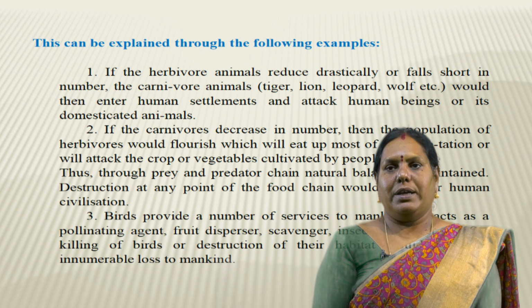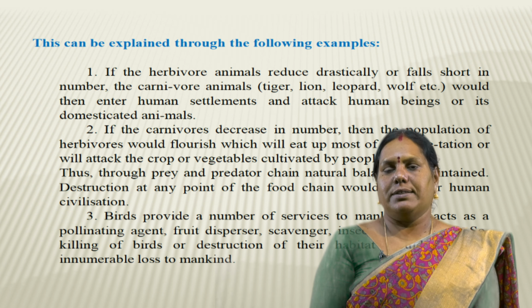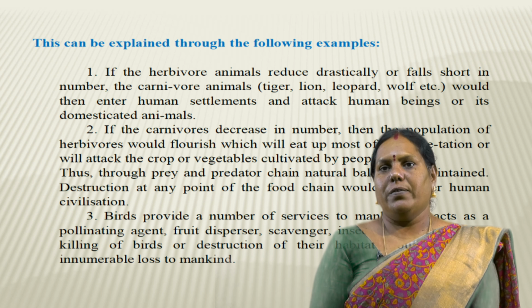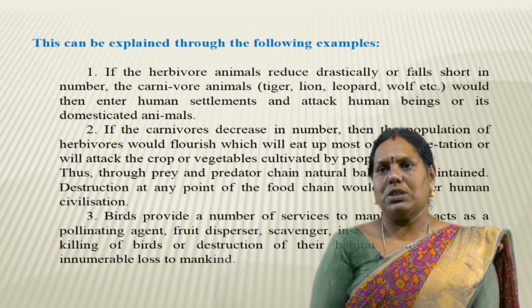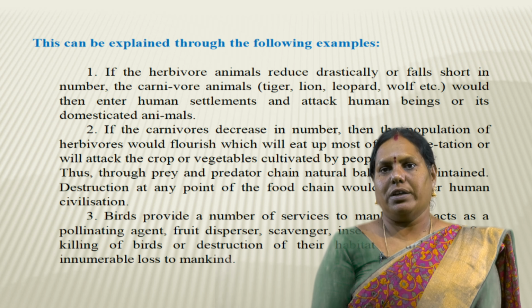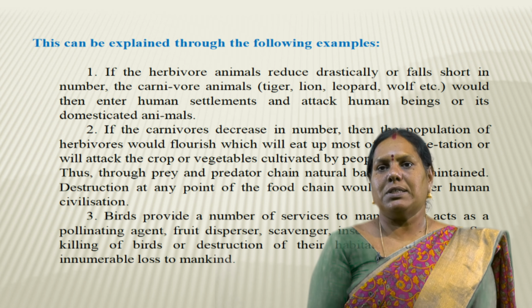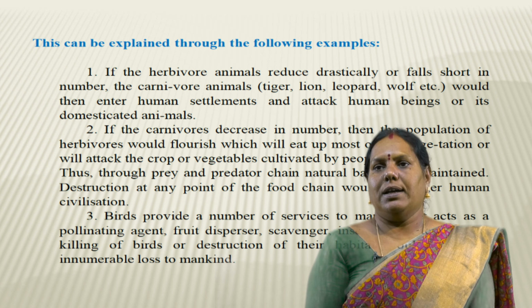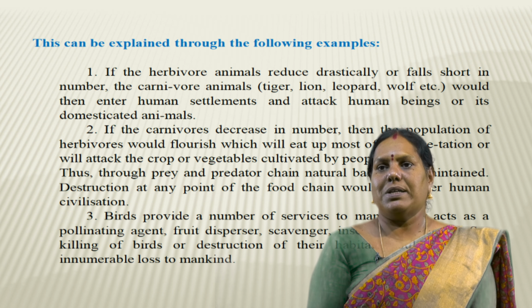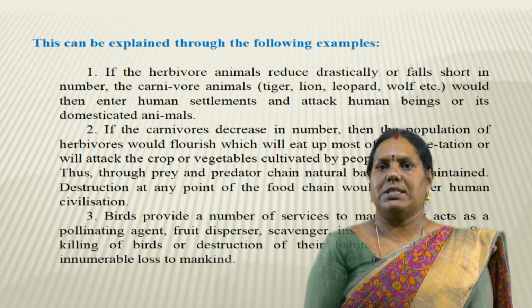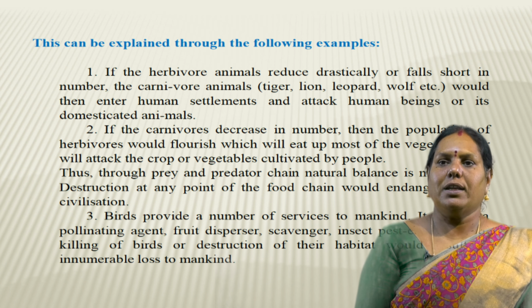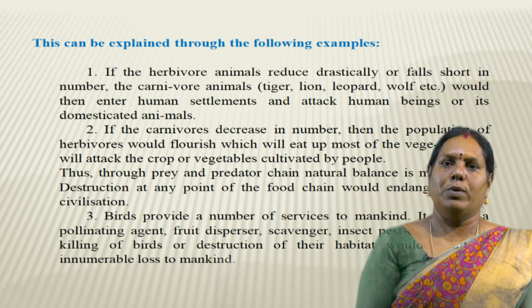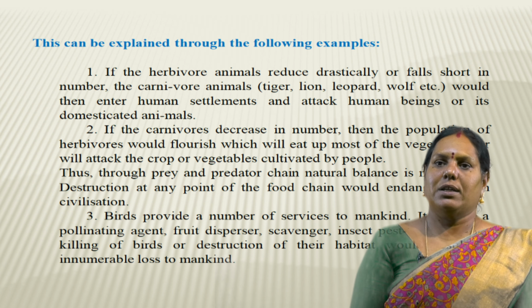This can be explained through the following examples. First one, if the herbivore animals reduce drastically or fall short in number, the carnivore animals, such as tiger, lion, leopard, wolf, etc., would then enter human settlements and attack human beings or their domesticated animals.